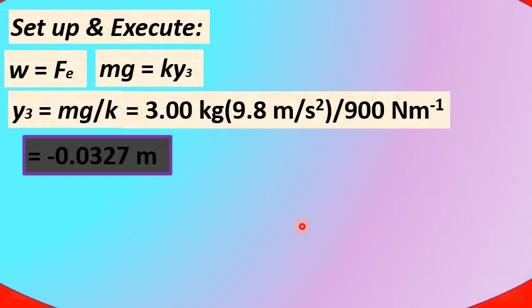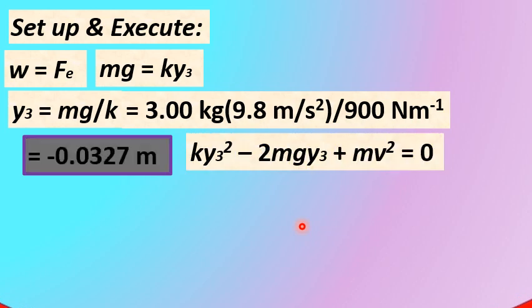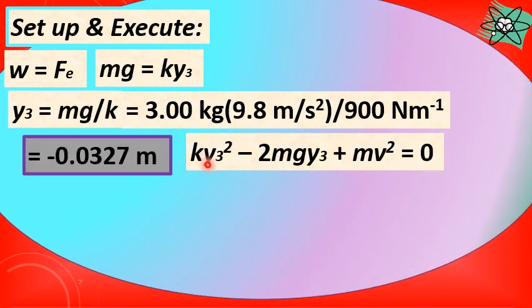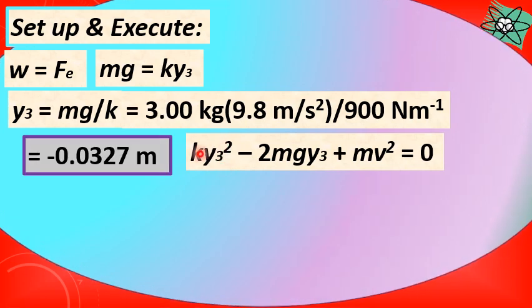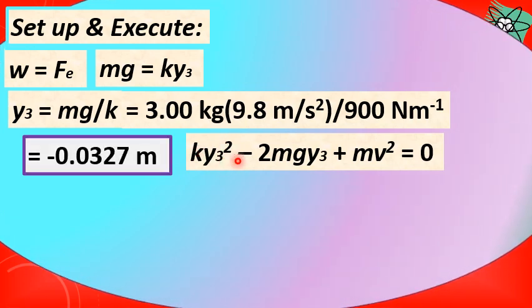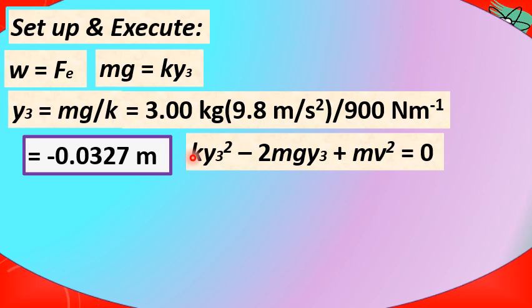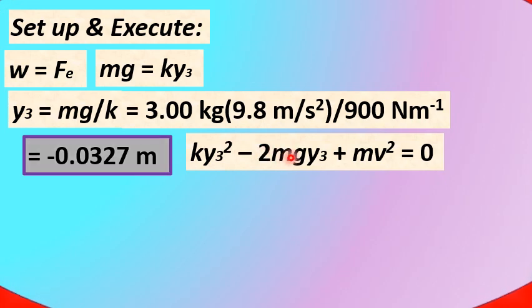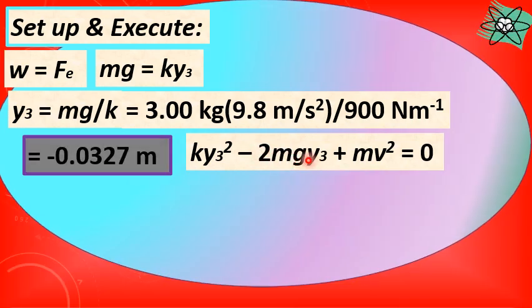Now, the energy conservation equation presented earlier can also be written as k y sub 3 squared. Originally, this is 1 half k y sub 3 squared minus 2 mg y sub 3. Originally, that's just mg y sub 3.